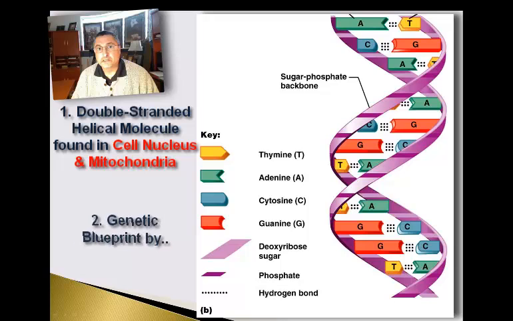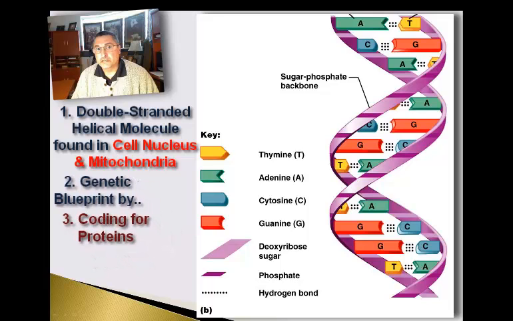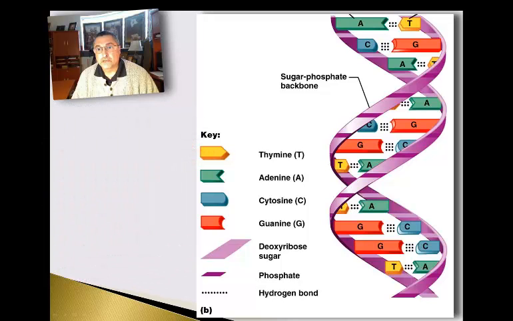Its role is going to be to guide us through our genetic blueprint. Now specifically, the genetic blueprint codes for how to build a protein in each and every protein found in our body. Now DNA will replicate itself before the cell goes through division, ensuring that we have genetic continuity. It provides and only provides the instructions for protein synthesis.